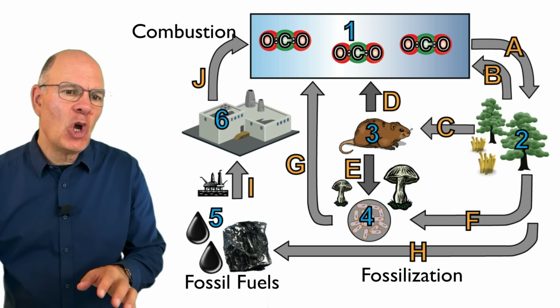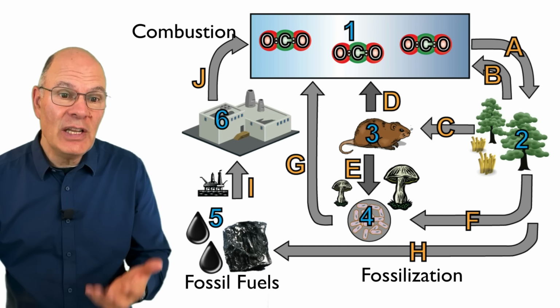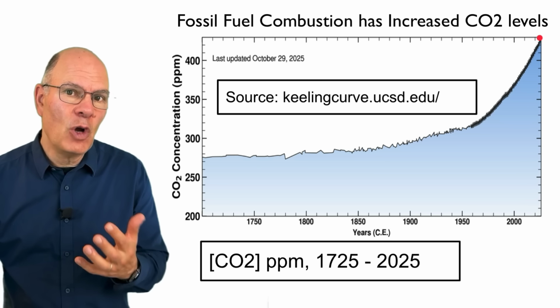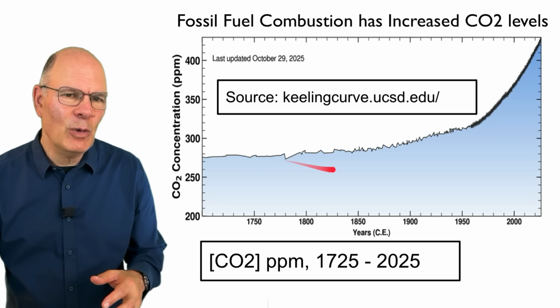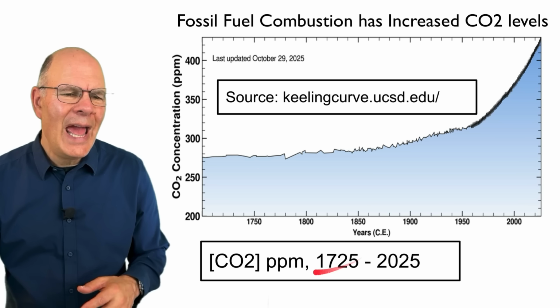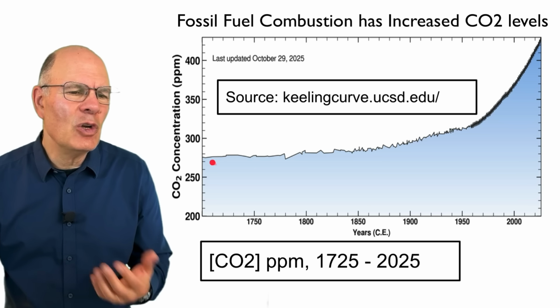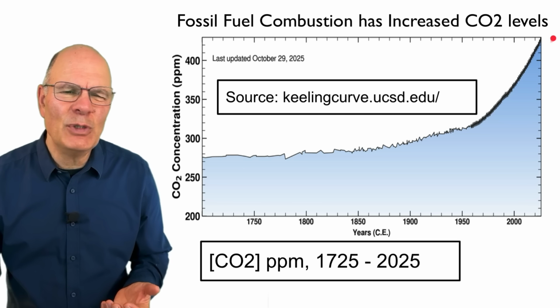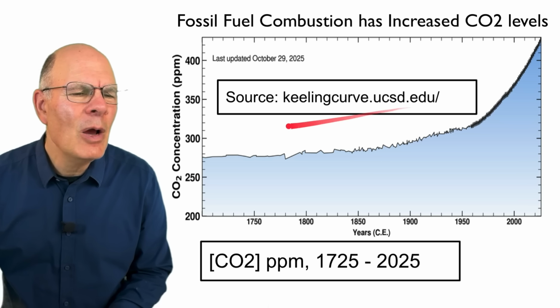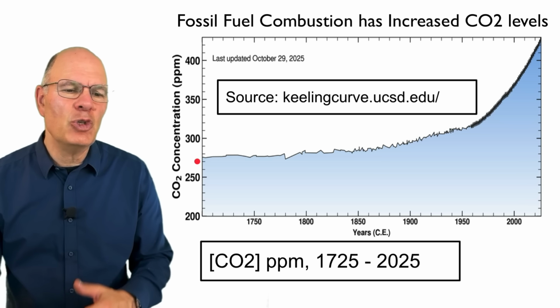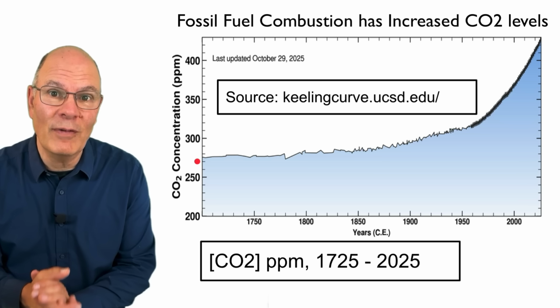And what that has caused is a significant increase in the amount of carbon in the atmosphere. That's represented over here in what's called the Keeling curve. And the amount has increased vastly up to over 400 parts per million today, where it was less than 300 at the start of the Industrial Revolution.